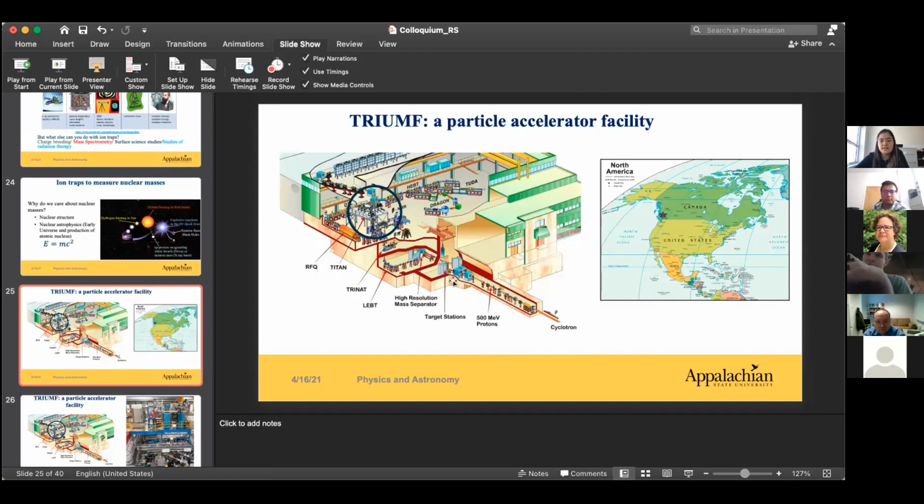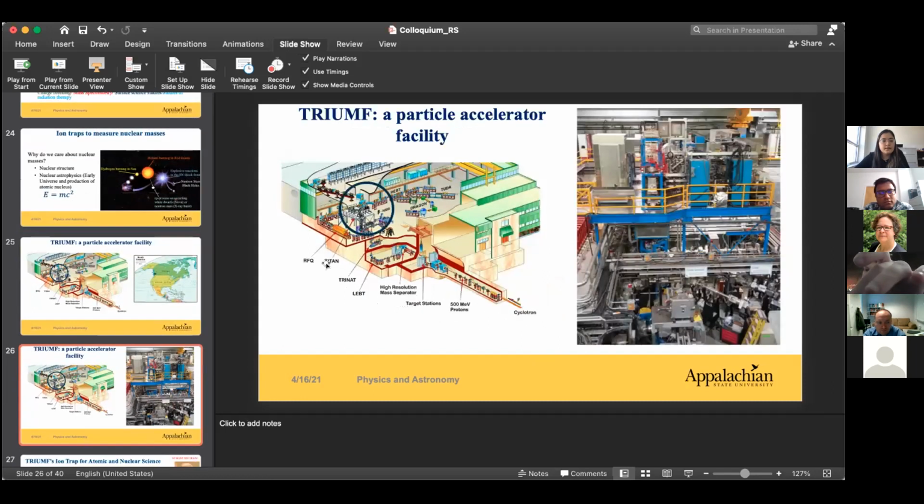The protons then hit some kind of target, and different radioactive isotopes are created in the process. The radioactive isotopes are then sent to the experiment hall, where many different experiments are going on. The one that's circled here is where I worked.